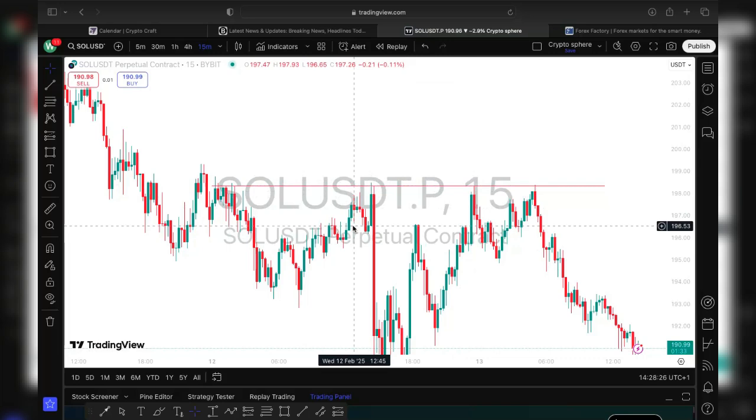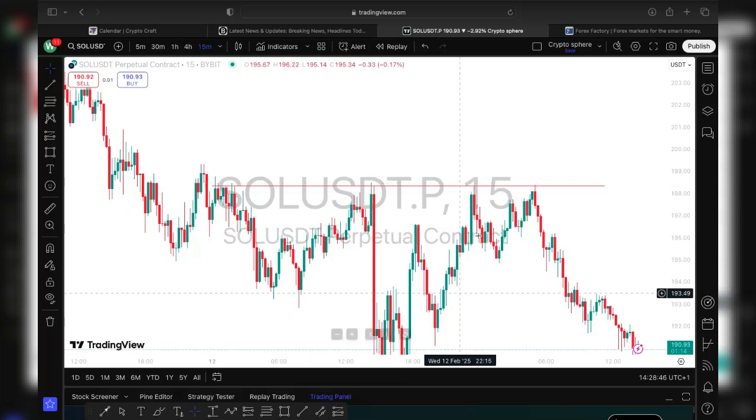Do you think that we have multiple buyers or sellers in this particular zone? Please answer in the discussion group. Of course, we have a lot of sellers in this zone, because once price gets to that zone, it dumps. It gets to that zone again, it dumps again.